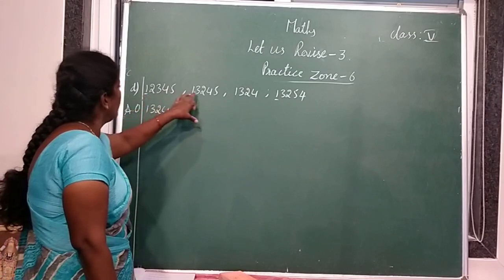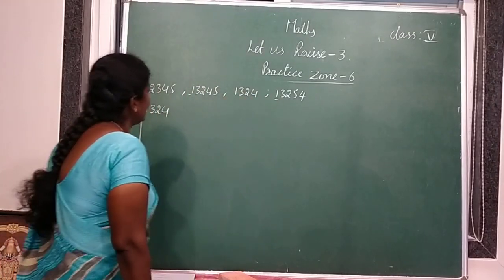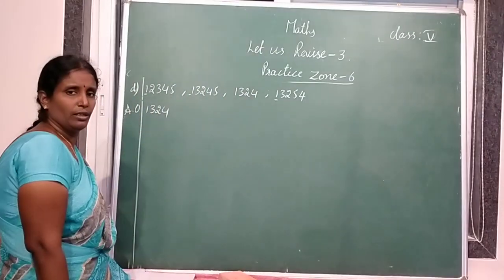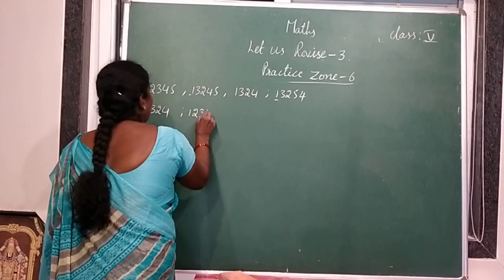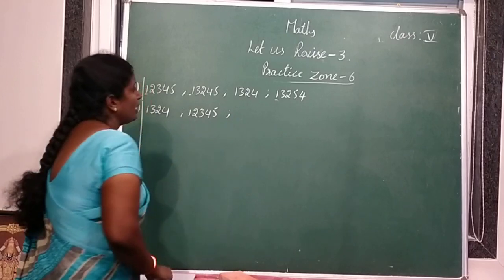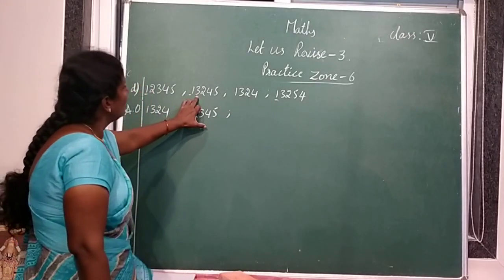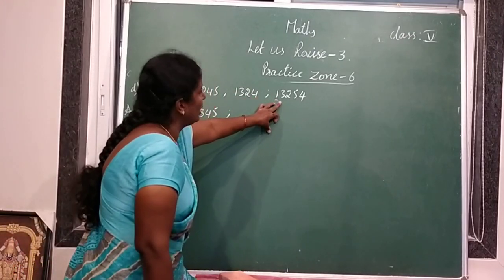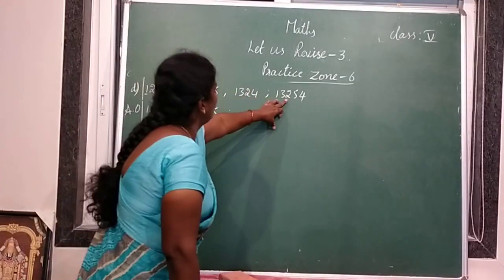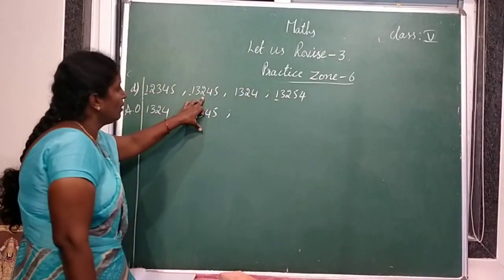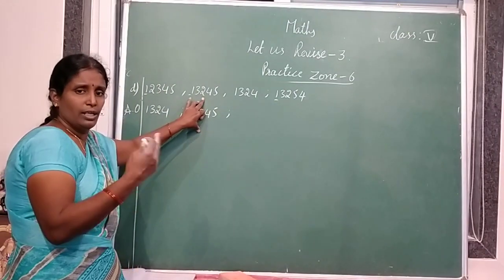2, 3, 3. Which is smaller, 2 or 3? 2 is smaller. So 12,345. After that, this is 13 and this is also 13. So check the next digit. 2, 2. Both are the same.